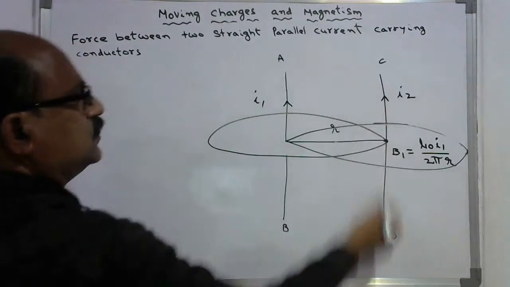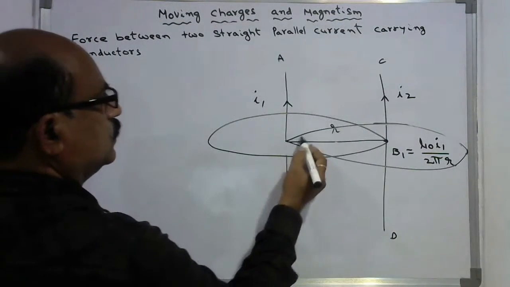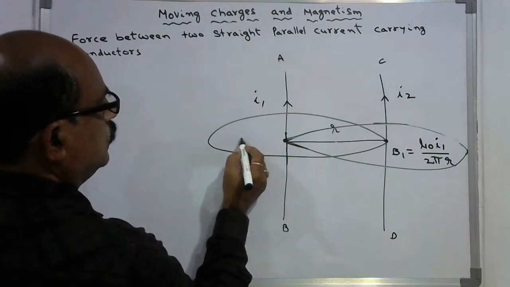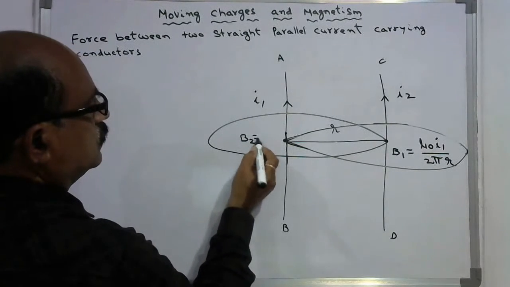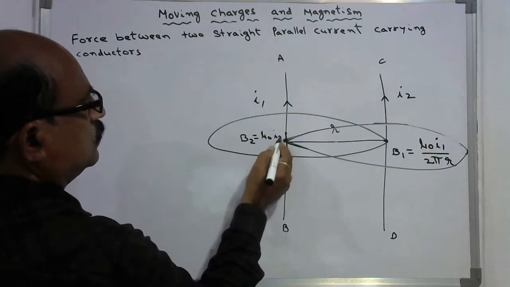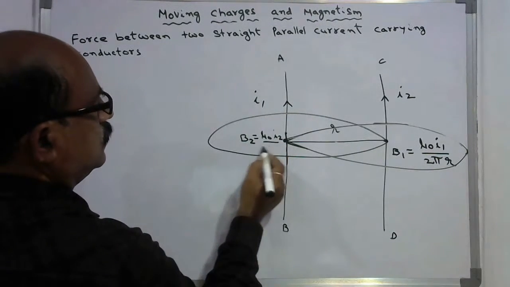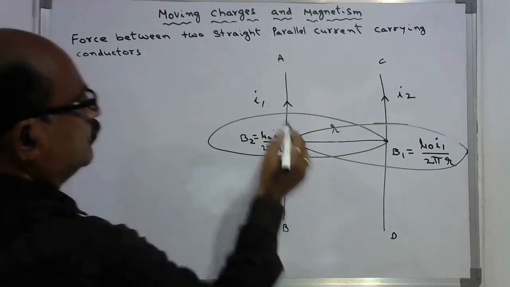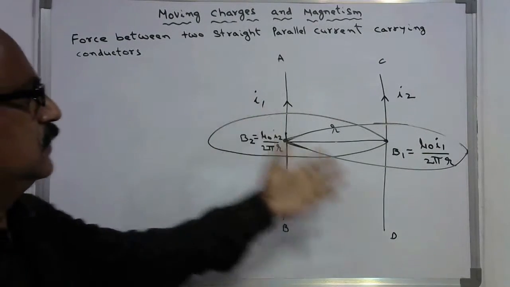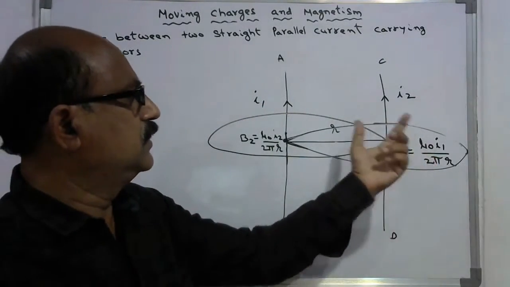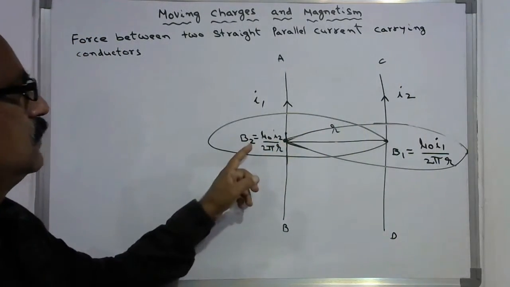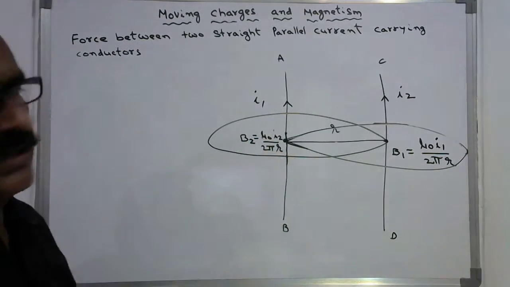So the magnetic field due to this current carrying conductor, due to I2, at this point, I write here B2 is equal to mu naught I2 by 2 pi R. Because of conductor AB, the field produced here is B1, and because of this conductor, the field produced at a distance R is mu naught I2 by 2 pi R.